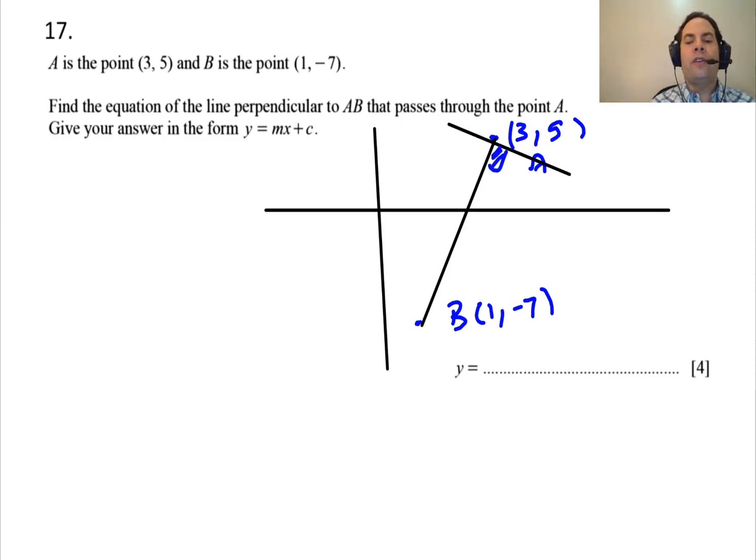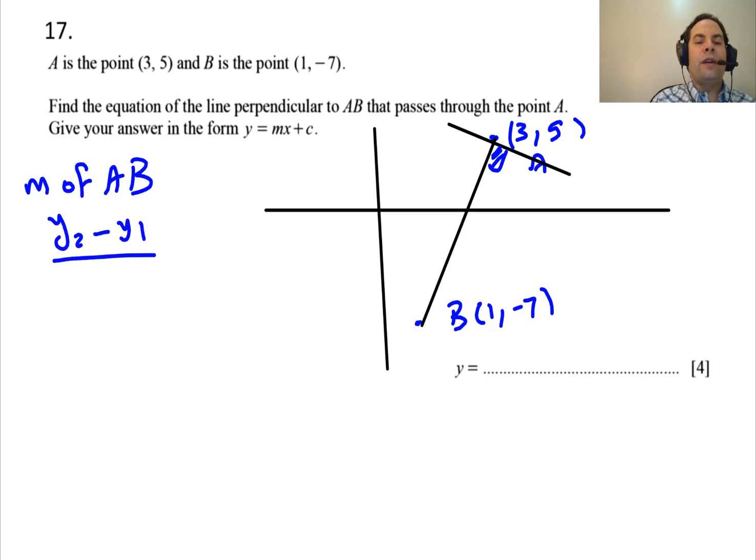To get the equation of this line, I need the gradient and the y-intercept. You can find the gradient of AB first. To find the gradient of any line from given points, use y2 minus y1 over x2 minus x1, the change of y over the change of x.